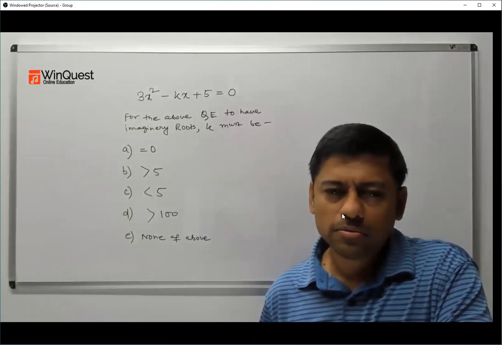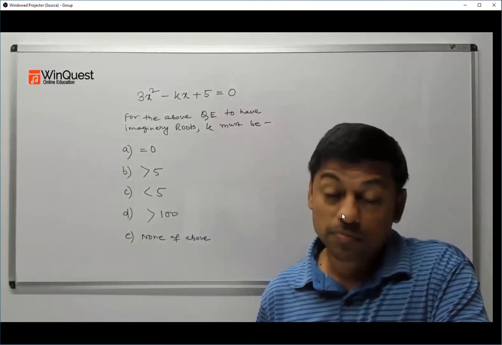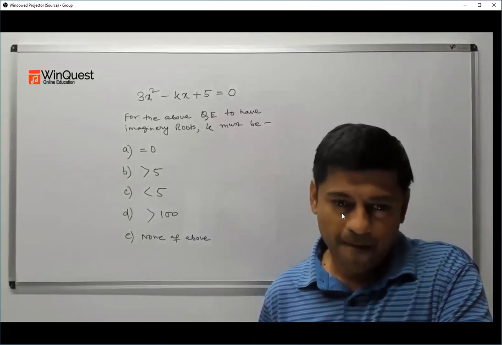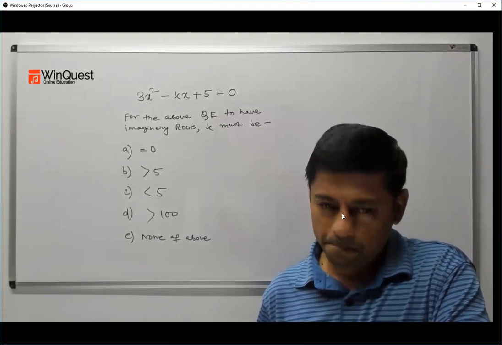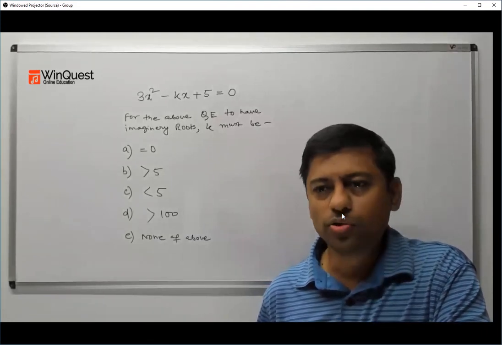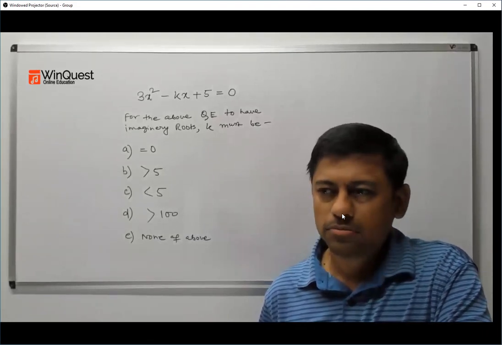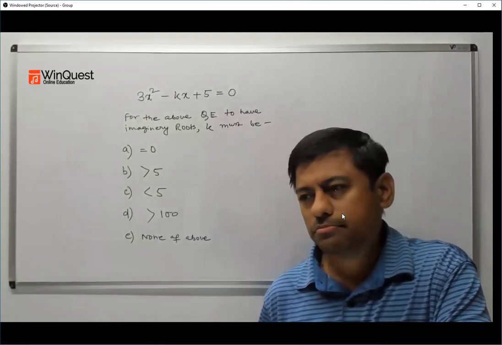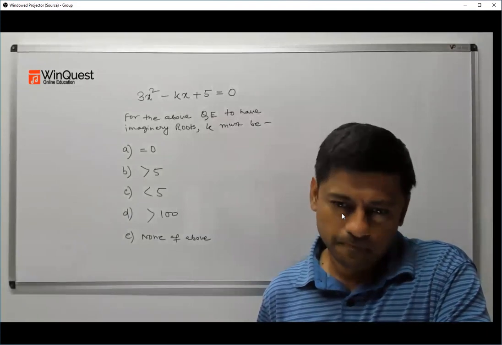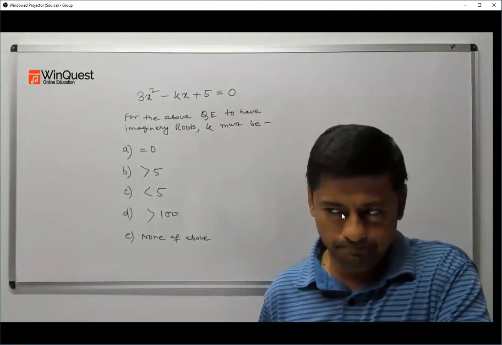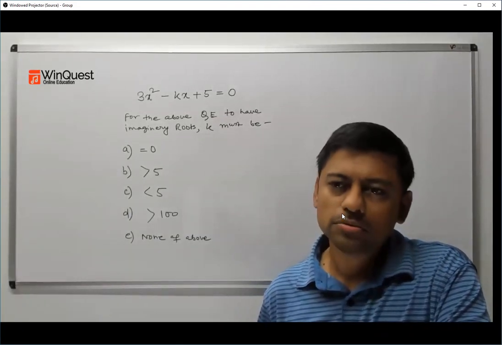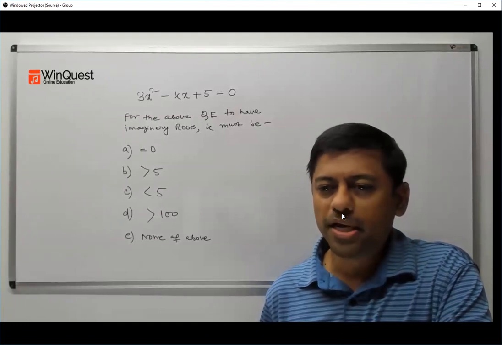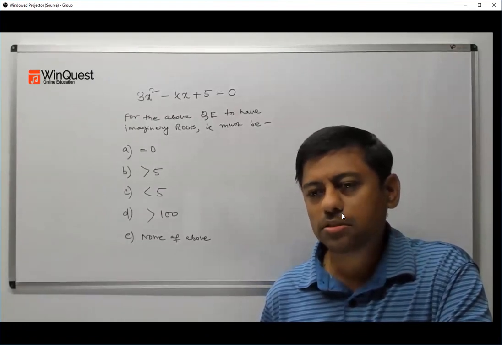Couldn't you use the discriminant, like the b squared minus 4ac? Why should I use that, Akash? Because I'm pretty sure if it's less than 0, then you have imaginary roots. Okay. Good try, Akash. Others?